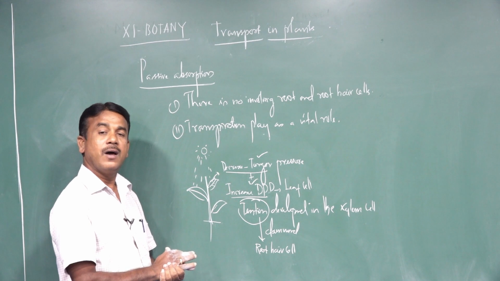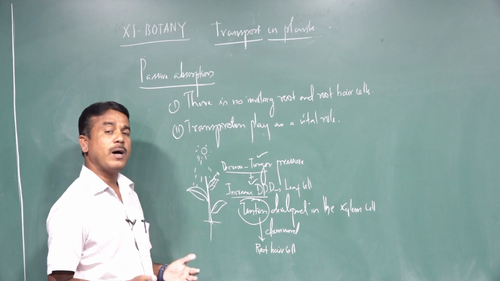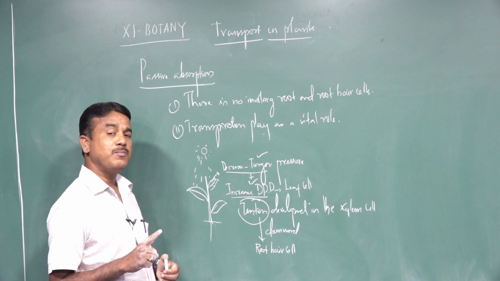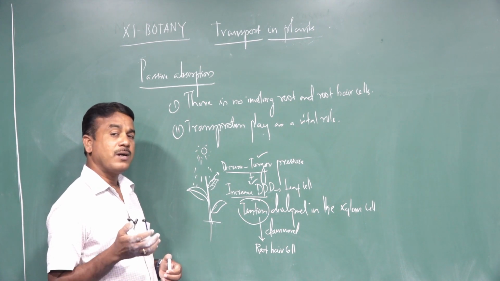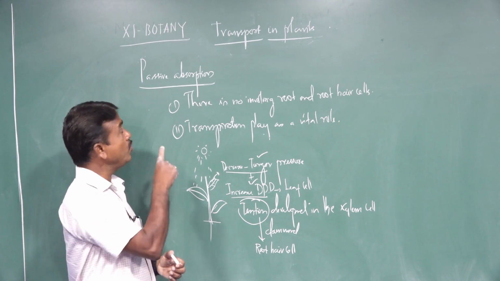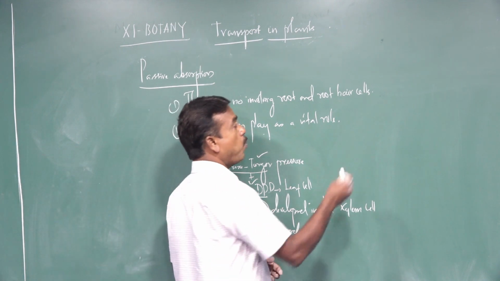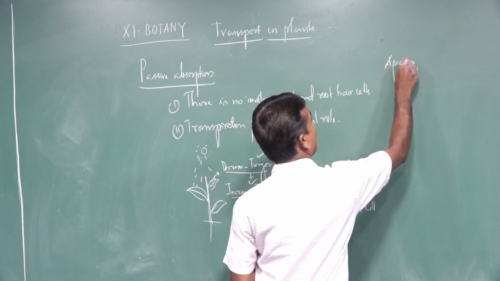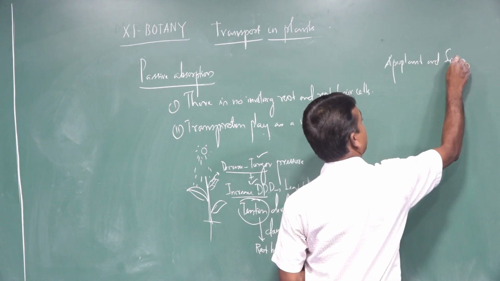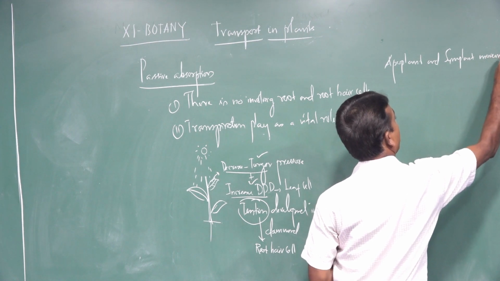Here, what type of movement is generally applicable to uptake of water and mineral salt? Active absorption uptakes water and mineral salt only by the symplast movement. But passive absorption uptakes water and mineral salt by both apoplast movement and symplast movement.